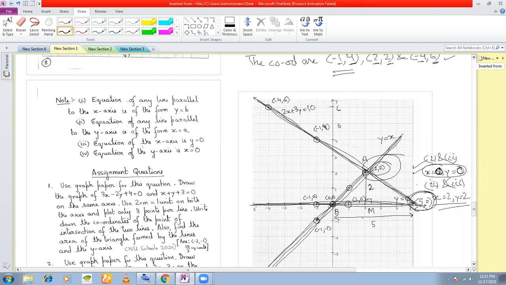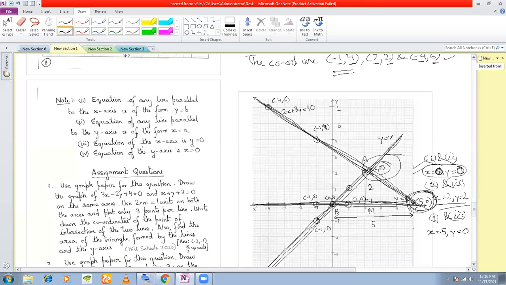Correct this mistake. Now for 1 and 3, if you see the lines, this is the x-axis and the third line is this. So they intersect at 5, 0. Therefore the solution is x is equal to 5, y is equal to 0.